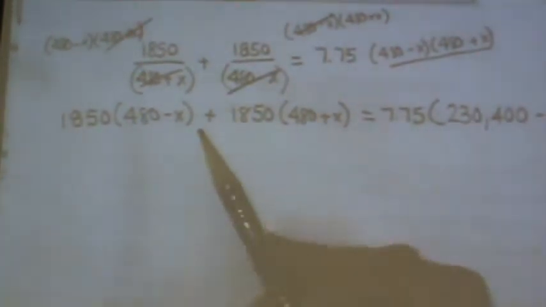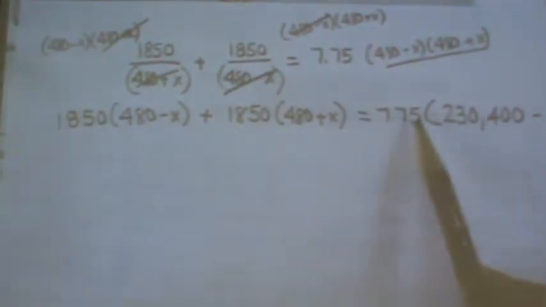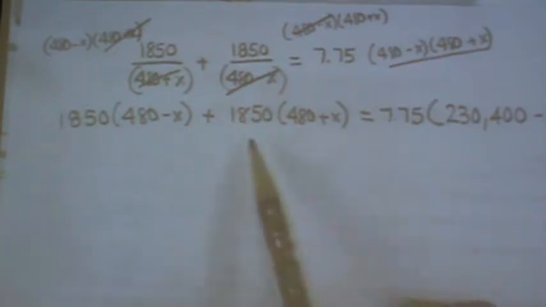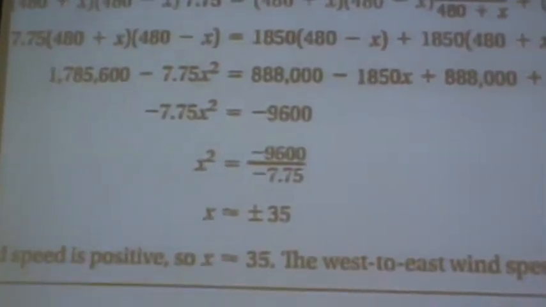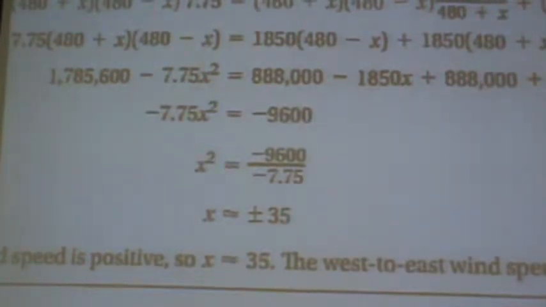Now, what would be the game plan to solve this? What would you do? Distribute, and now you're going to simplify. I have the work right here for you, so you can see these ugly numbers in action. In this problem, the middle term ends up canceling out, so what you're going to do eventually is take the square root of both sides.